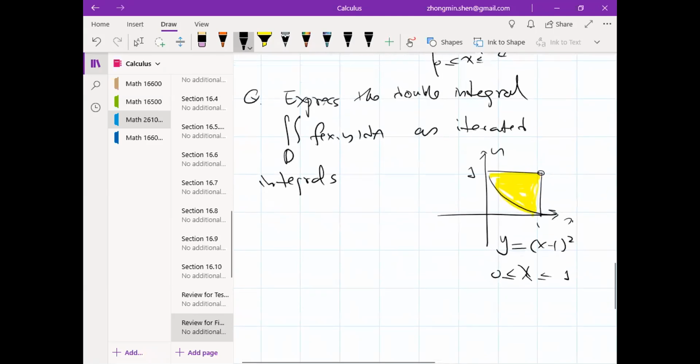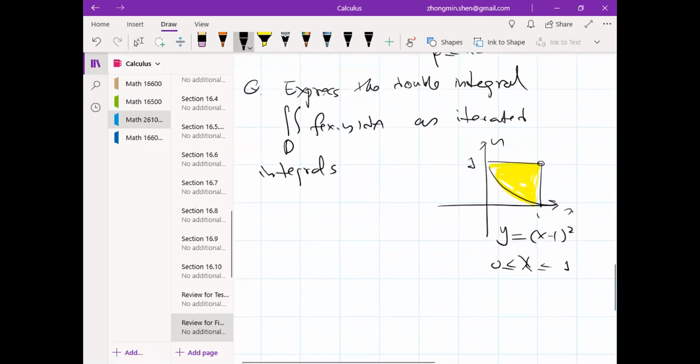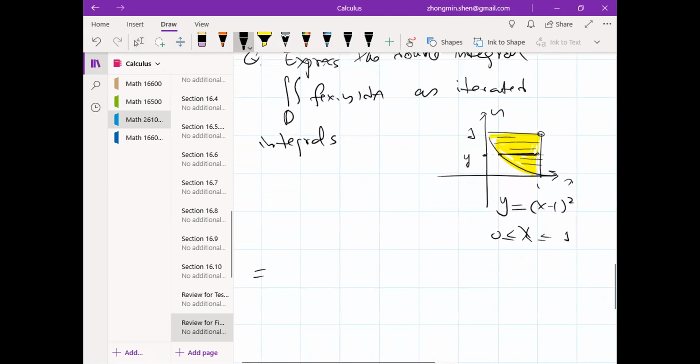First of all, you use a horizontal line segment. So using horizontal line segments, for each fixed y variable, you draw the horizontal line segment. There's no restriction on y. Y is from 0 to 1, dy.